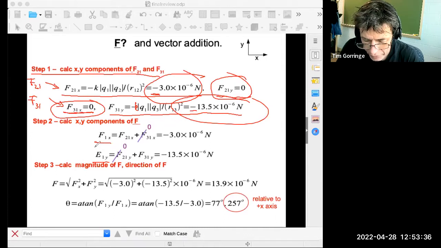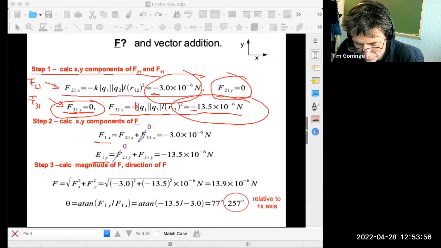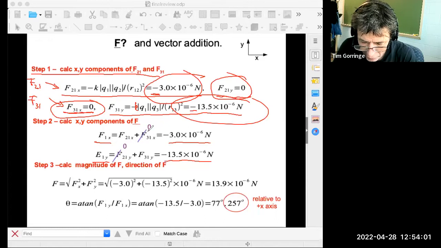In this x and y component language, it's rather straightforward to find the net force, because you're just adding the numbers corresponding to the x components of the individual forces, or the y components of the individual forces. It's especially simple here, because in each case, one force is only acting horizontally, and one force is only acting vertically.